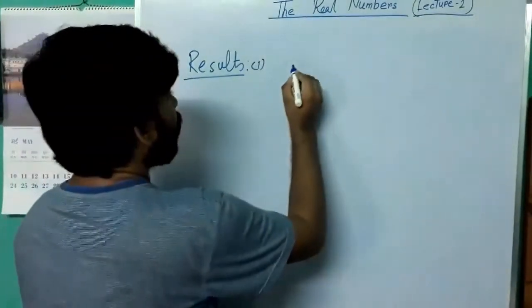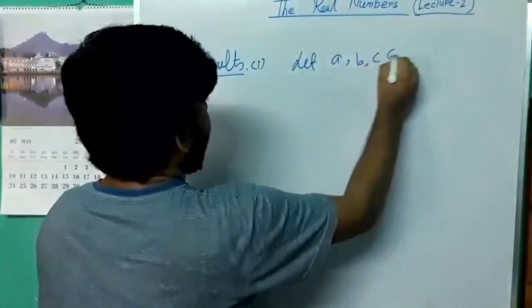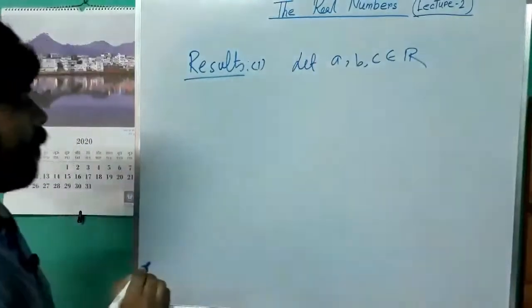Result 1. Let us take three real numbers a, b, c.